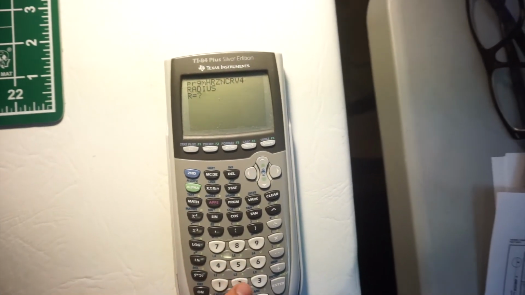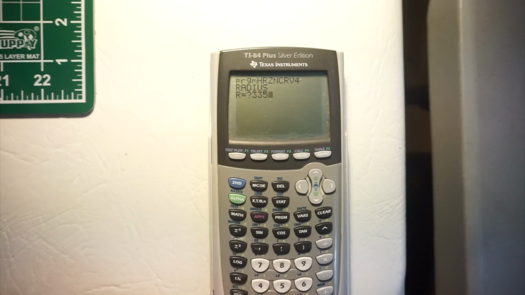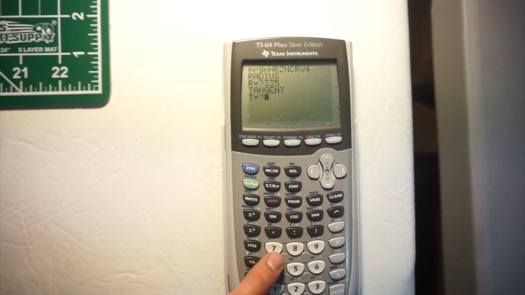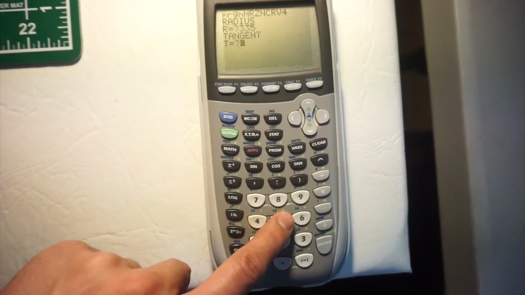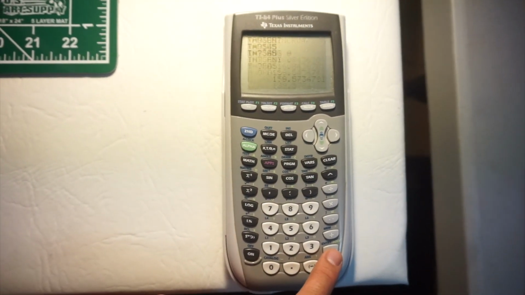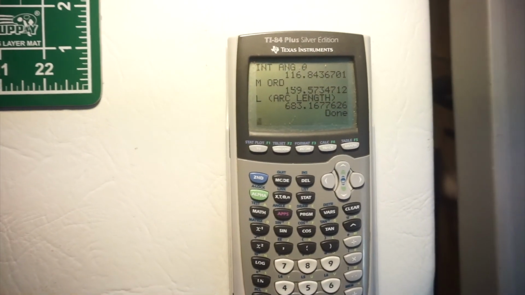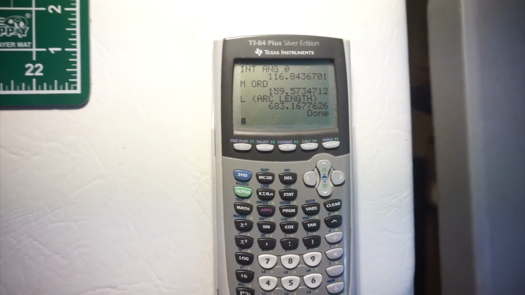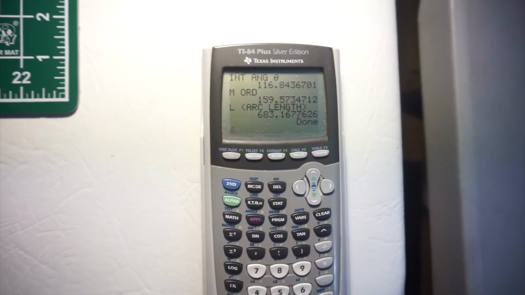Radius 335. Hit enter. Tangent 545. Hit enter. And there we go. When we have it, we have theta, M, middle ordinate, and L, arc length.